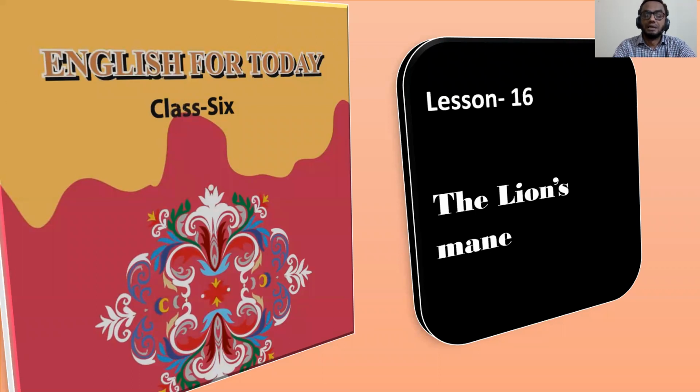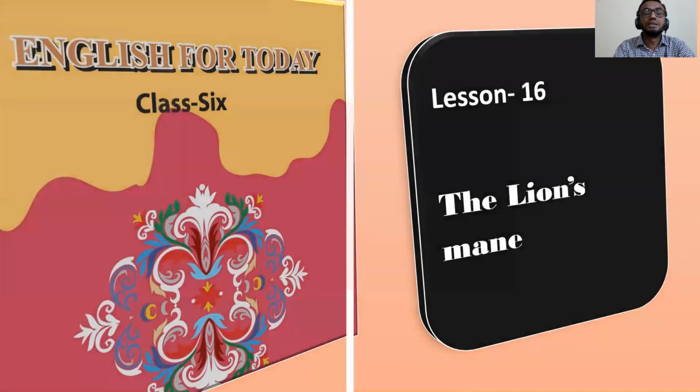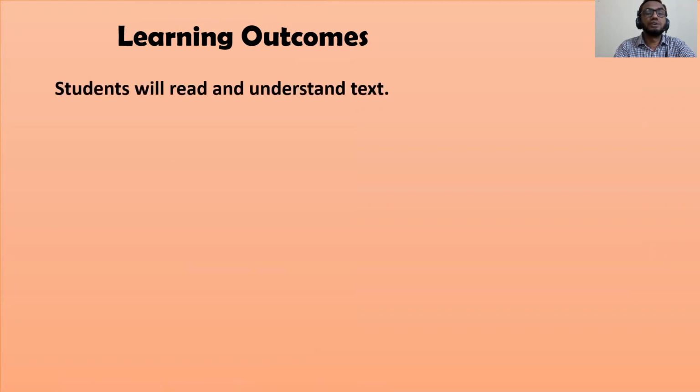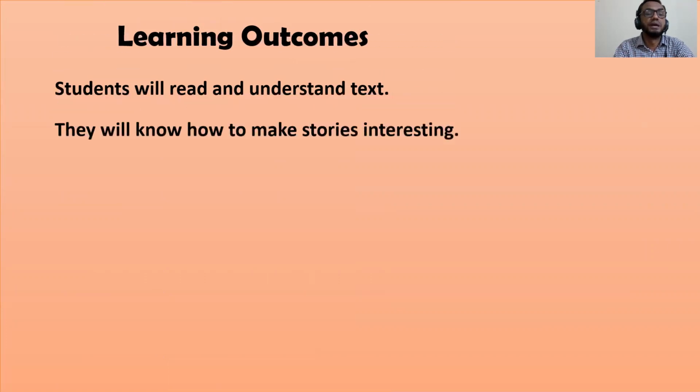Fine. Now, let me say something about the goals, the objectives of today's topic. That means, what are the learning outcomes of today's topic? You can see the learning outcomes on the screen. The first learning outcome is, after reading the story, students will read and understand the text.